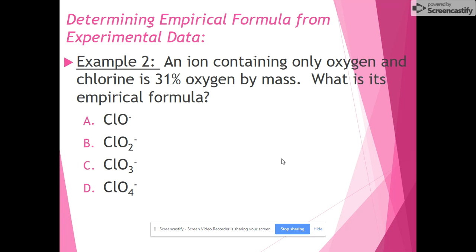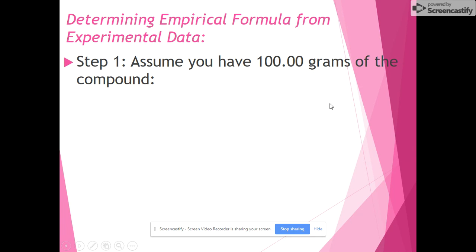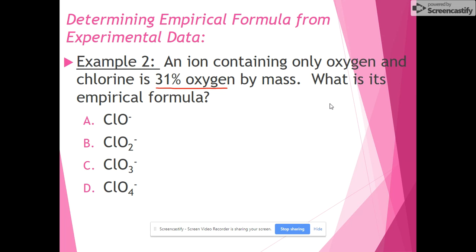Second example, an ion containing only oxygen and chlorine is 31% oxygen by mass. What is the empirical formula? So again, we start with the same steps. Assume that we have 100 grams. I'm going to try to do everything on this one side so we can see it all together. So we're going to say 31 grams of oxygen, but we need to know how many grams of chlorine as well.